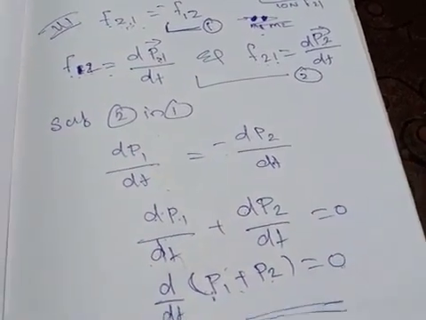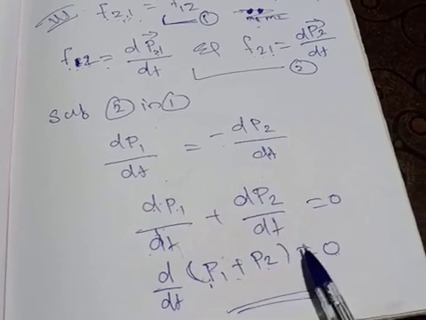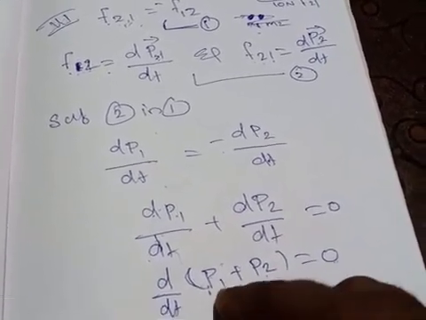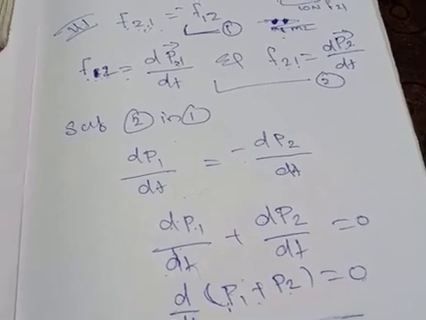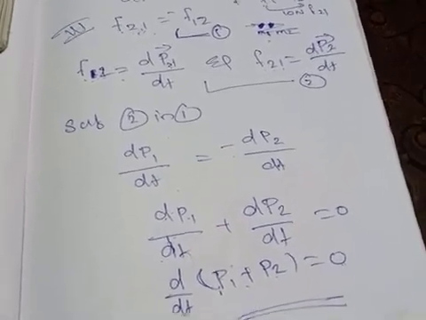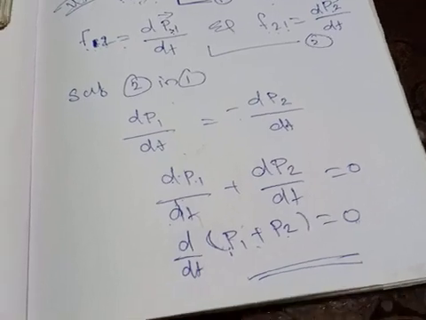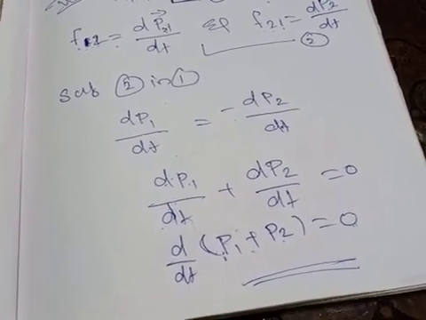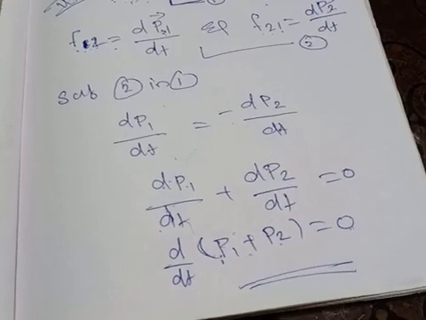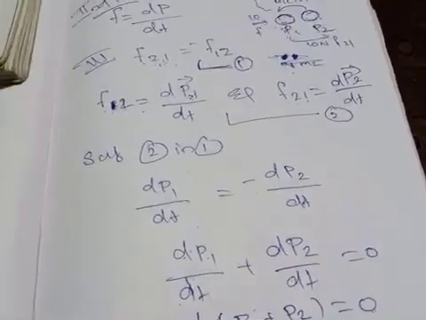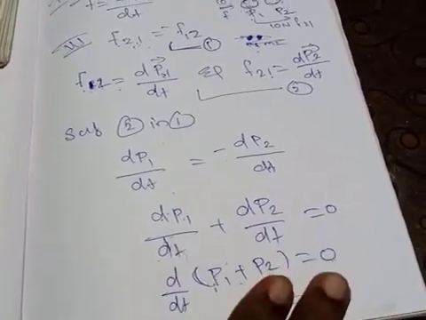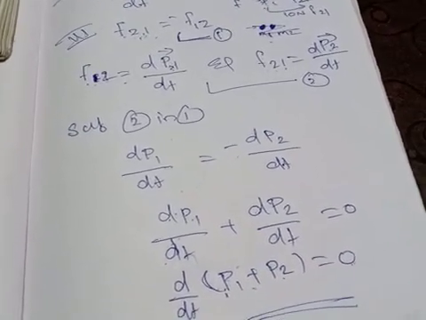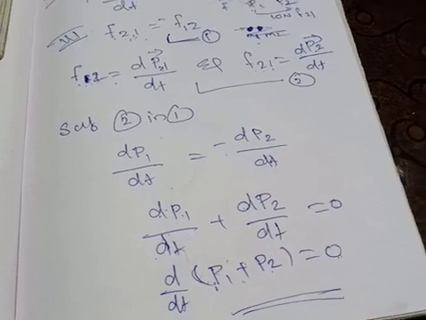Here, conserving means p1 and p2 can vary in such a way that p1 plus p2 is a constant vector. So assume that if there are no forces acting on the system, then the total linear momentum will always be constant. Otherwise we can say that the total linear momentum is conserved.